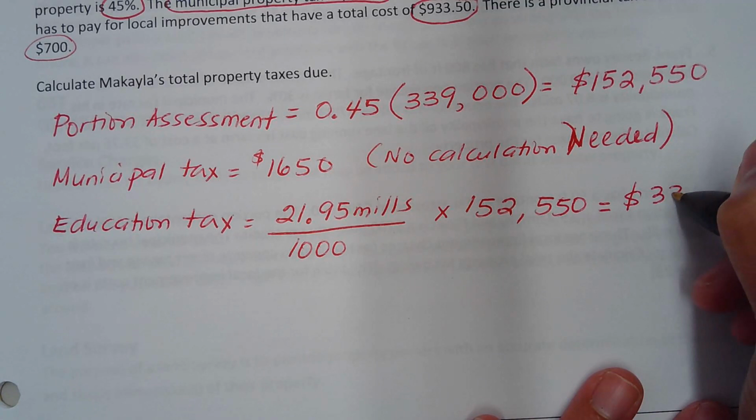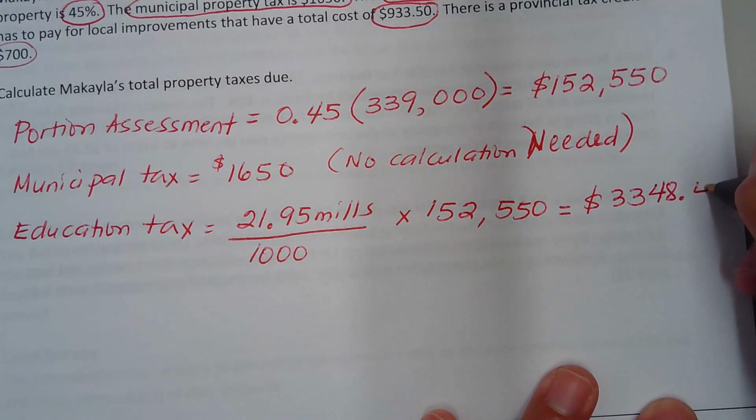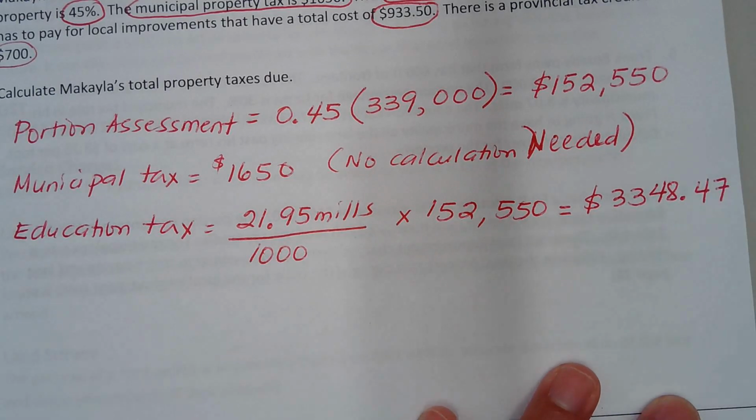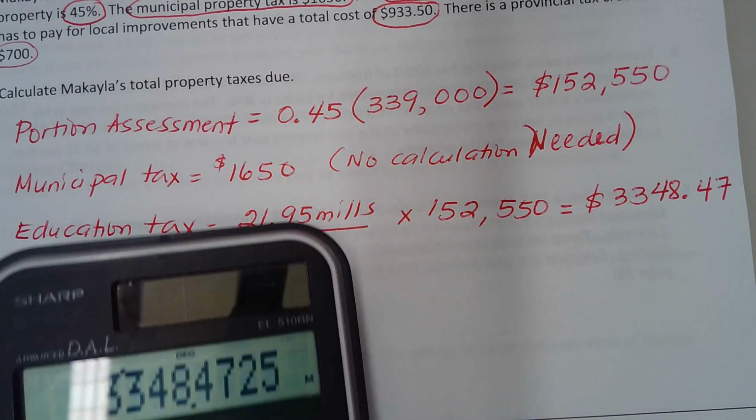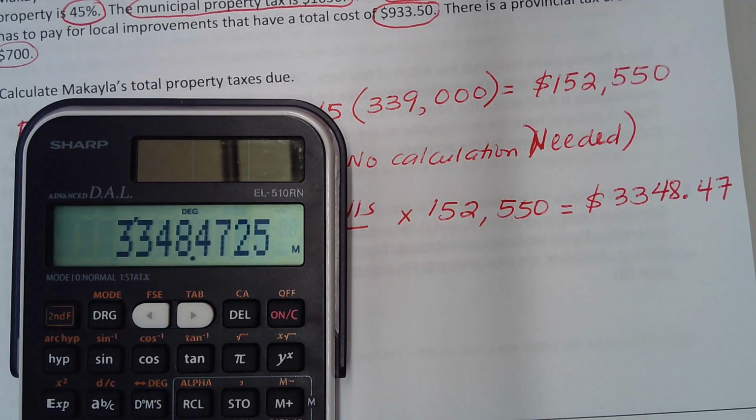I got 3348.47. There's a few decimals after, but I'm just rounding it off to 2 decimal places. So 3348.47.